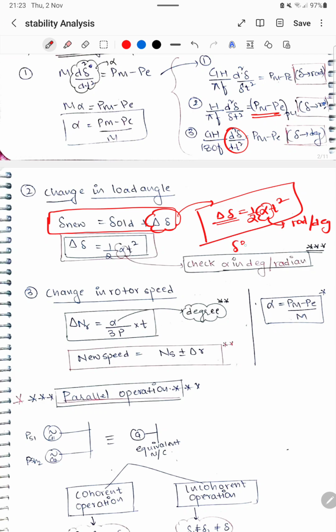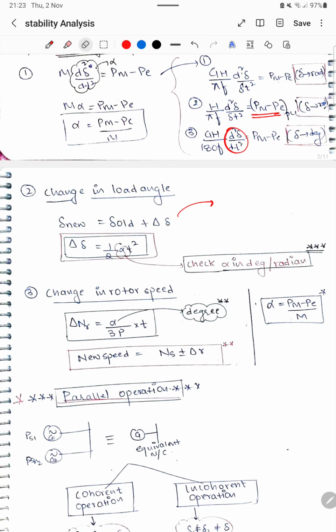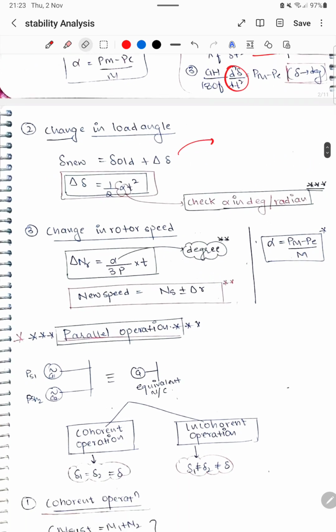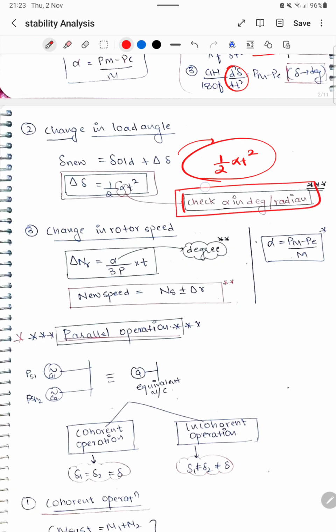If delta is in degrees, you should take alpha in degrees. If delta is in radians, then you take alpha in radians. So change in delta is half alpha t square, and check the units of delta. Accordingly, take the units of alpha.